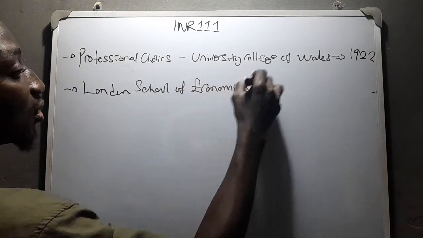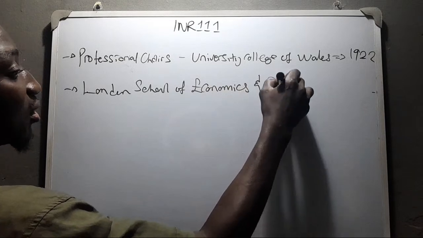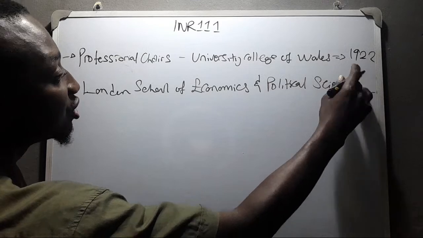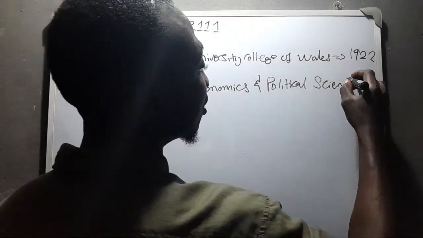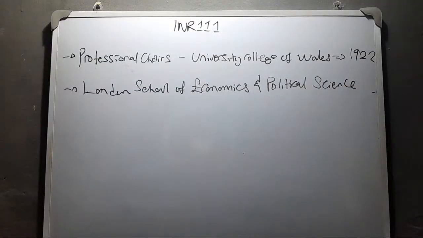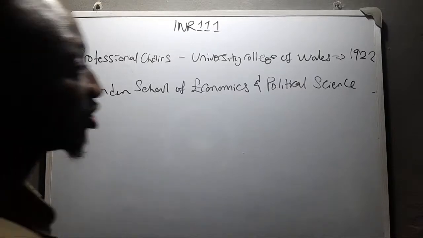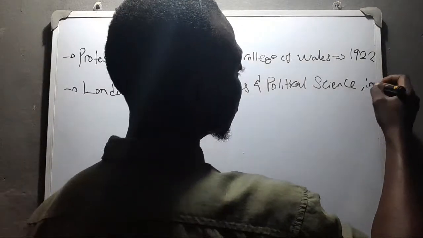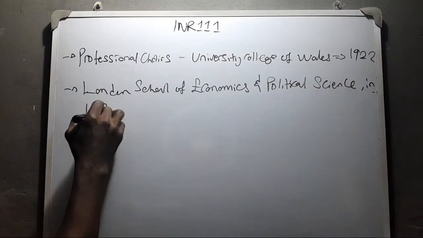Economics and Political Science. The London School of Economics and Political Science was established in 1923 for the study of international relations.